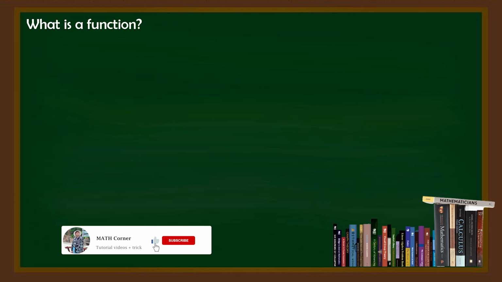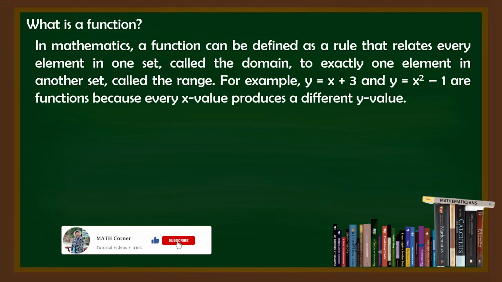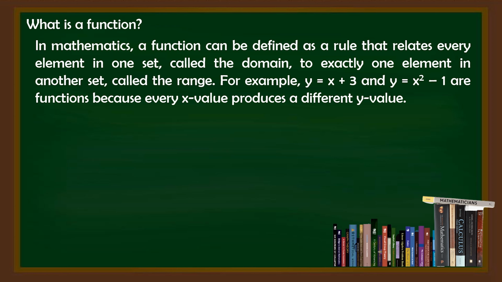Let us have first a review of what a function is. In mathematics, a function can be defined as a rule that relates every element in one set, called the domain, to exactly one element in another set, called the range.